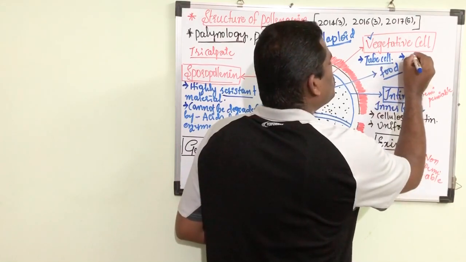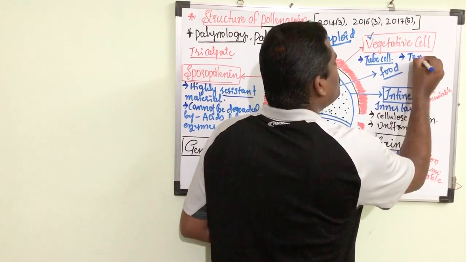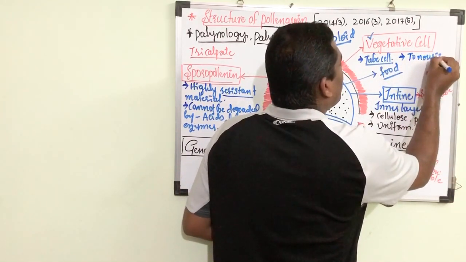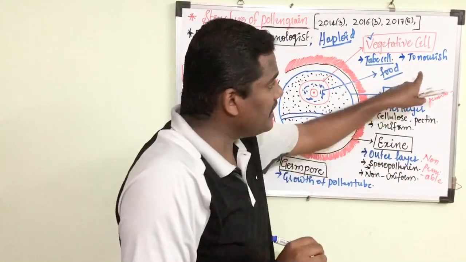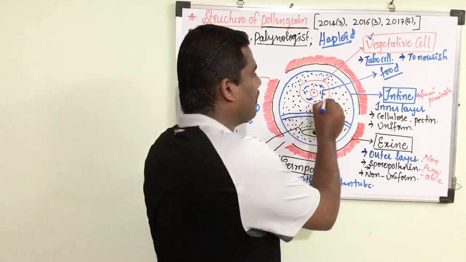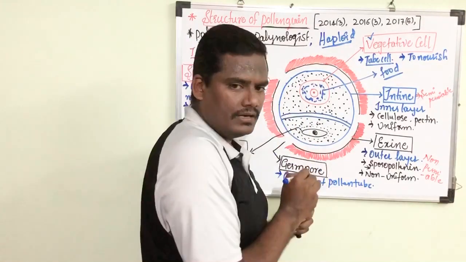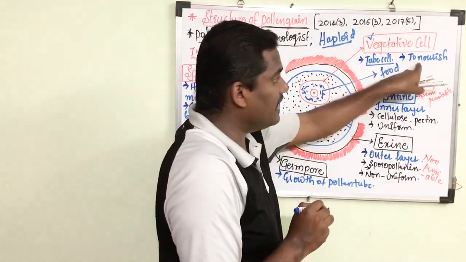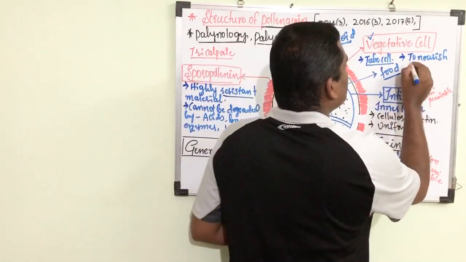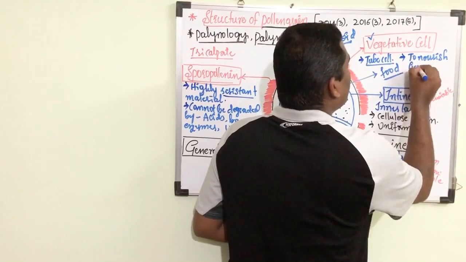Vegetative cell's main job is to nourish. Why is it a nourishing cell? Because it is having abundant resources of food in it. That is why it is a nourishing cell, to nourish the generative cell.